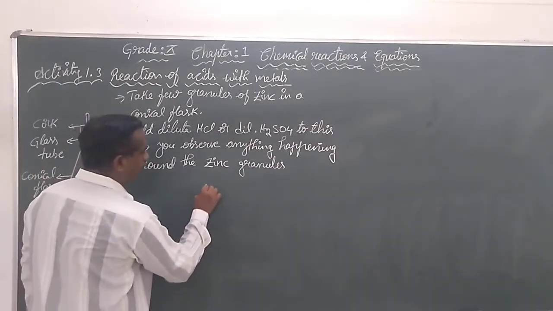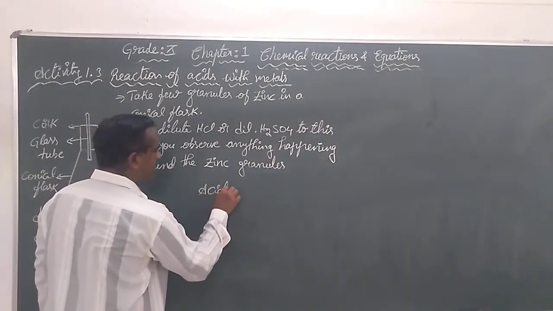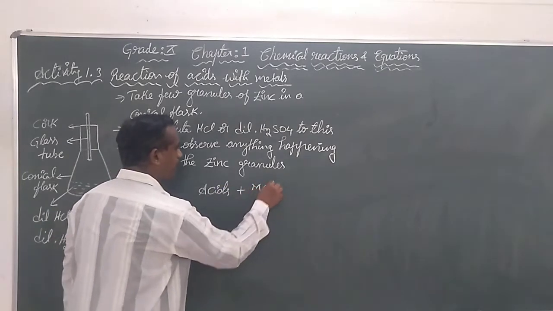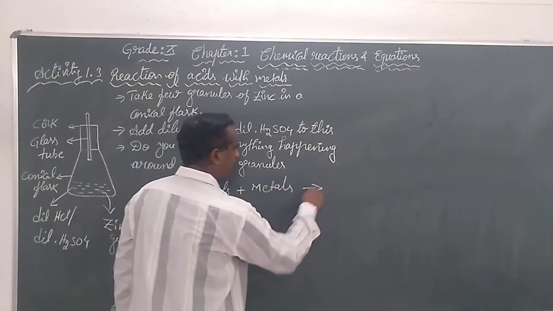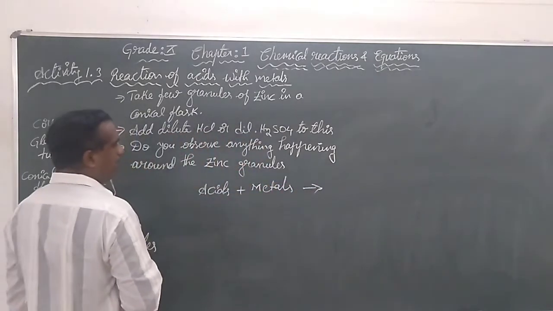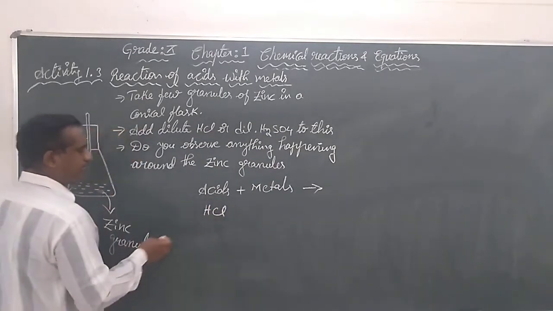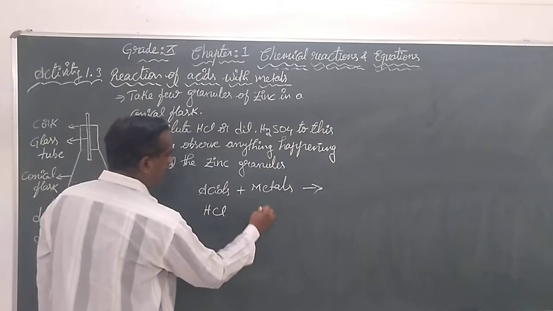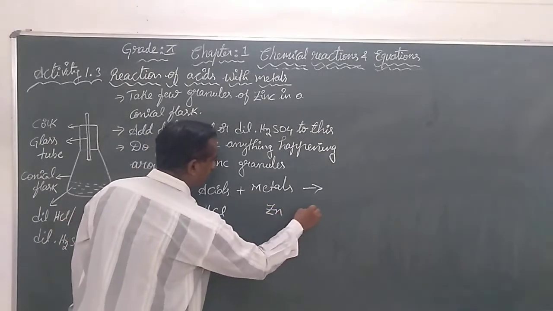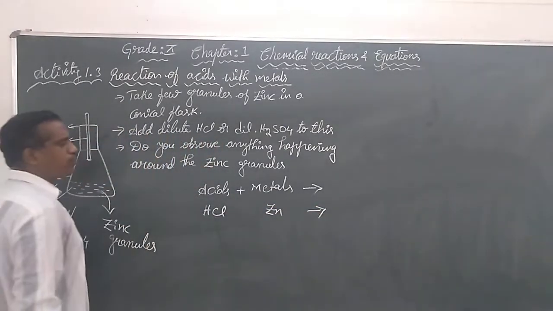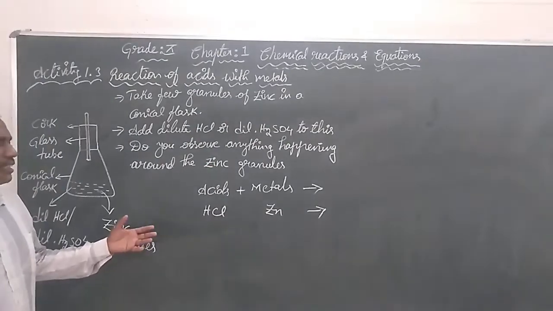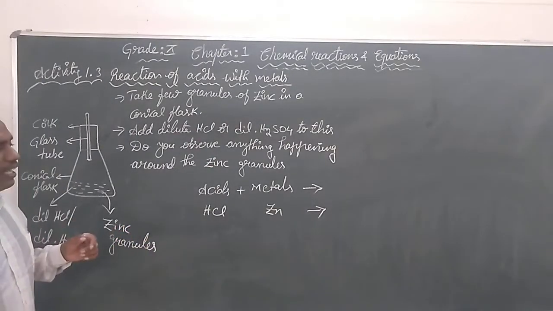So previously we learned that acids react with metals, like our curd and the container. Now similarly we have dilute hydrochloric acid and our metal is zinc. We want to observe what happens here.